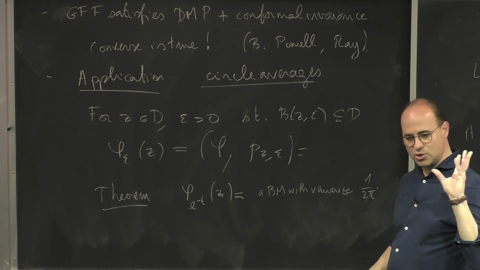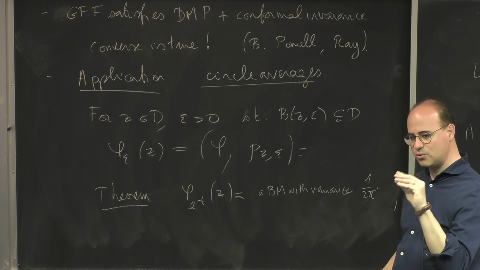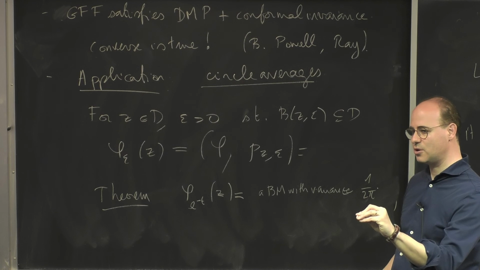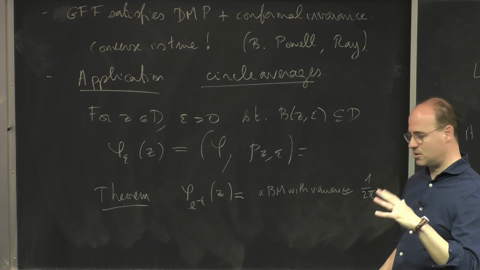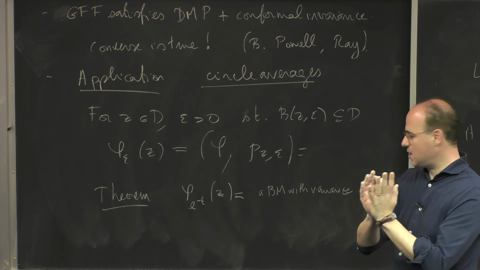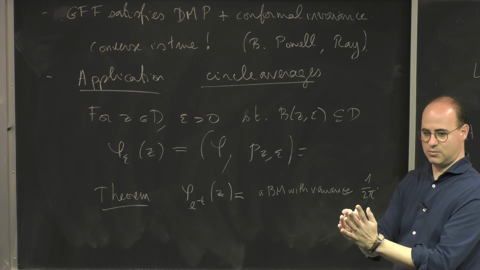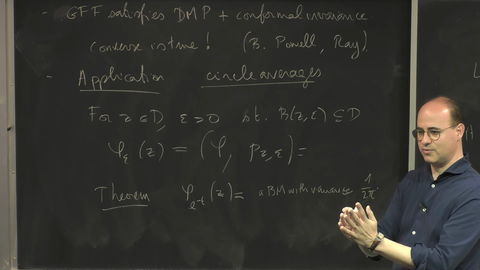So as I zoom in towards the point z, and I consider the average value at a distance that's smaller and smaller, the way these average values behave as I get closer and closer is exactly the way a one-dimensional Brownian motion would evolve in time.